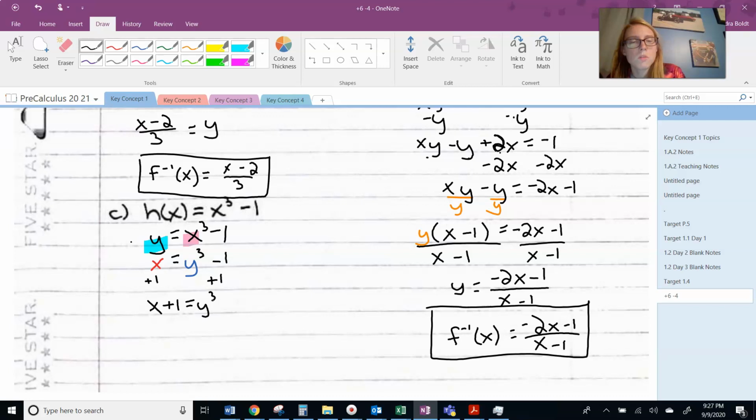equals y cubed. Again, just like square and squaring are opposite, remember the opposite of cubing is just a cube root.